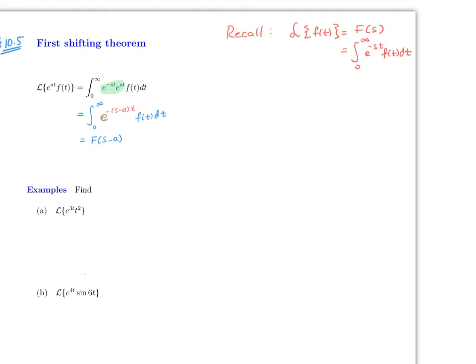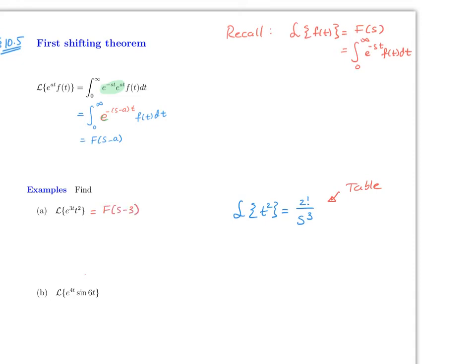For example, if you use the table, the Laplace transform of t squared is equal to 2 over s cubed. So this is technically 2 factorial, which is 2. And this is from the table. Now, if we multiply this by e to the 3t, then this will be the same thing as F of s minus 3.